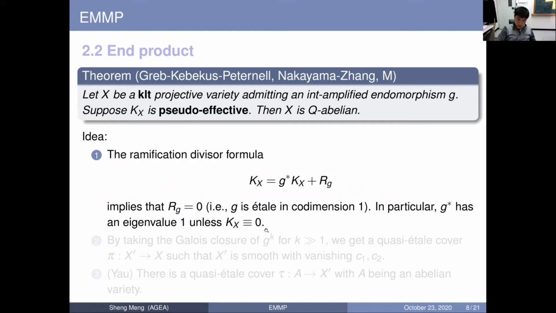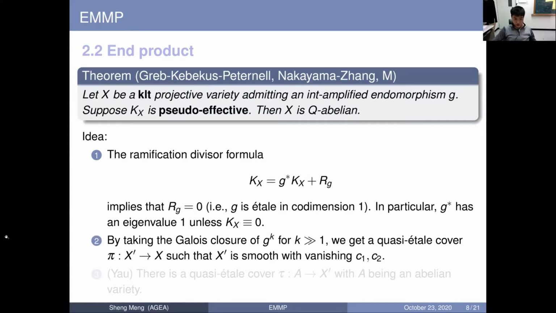The second step is a little bit technical. I simply give the main result. By taking the Galois closure of the k-th iterate of g for sufficiently large k, we eventually get a quasi-étale cover pi such that this cover is smooth, and the first and the second Chern classes vanish.